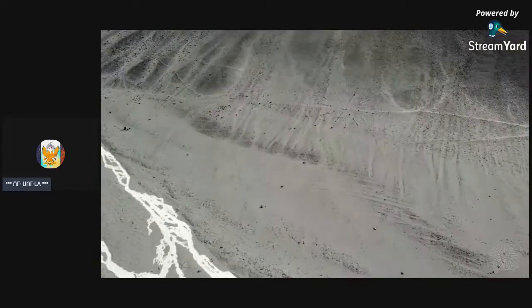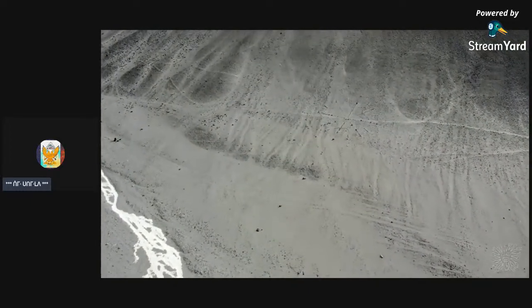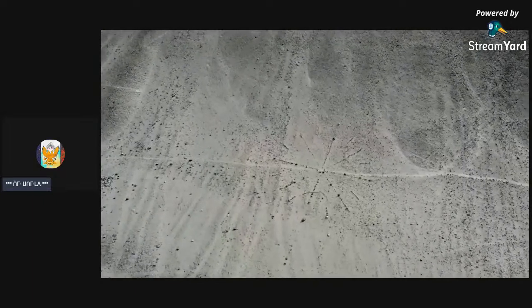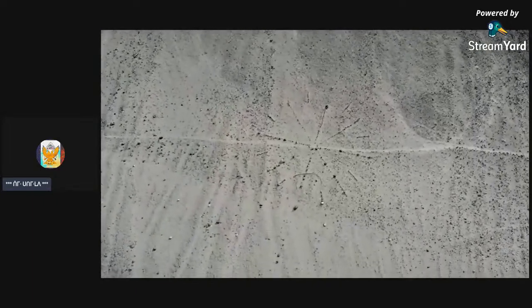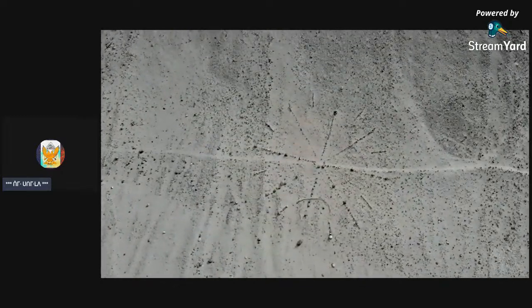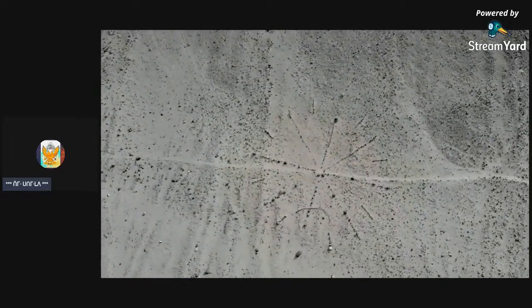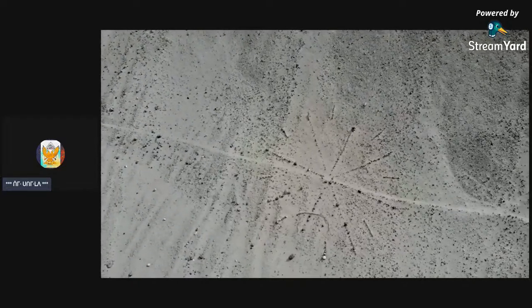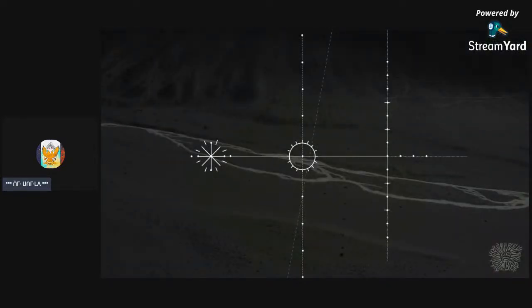A stick or post is clearly visible on the star, which could have been used in its construction or played a role in the use of this geoglyph, providing it was constructed with a use in mind and was not designed to be artwork or the work of someone's vivid imagination. This design shows that the center line passes in the shape of a circle.